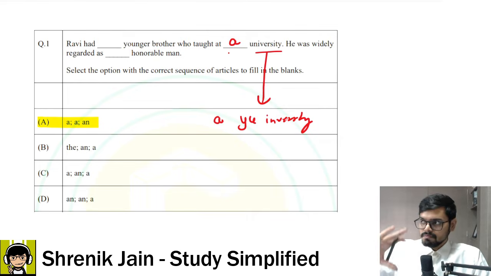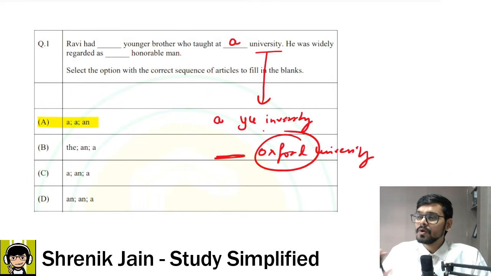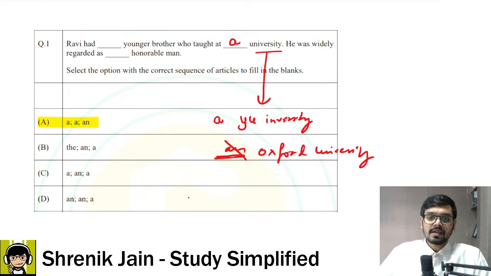Suppose the name of the university is mentioned, like the Oxford University. Oxford University. So what will come at the start? Now you might be thinking Oxford, O is there, and so an Oxford University, wrong. When a university's name is mentioned, then we say the Oxford University, the prestigious Oxford University, the United States of America.